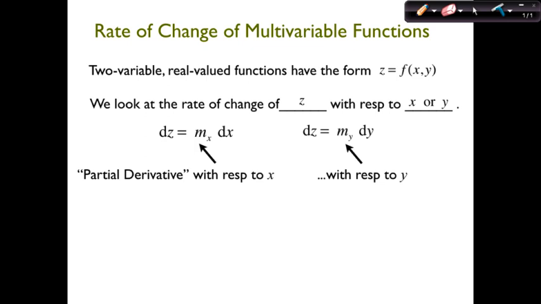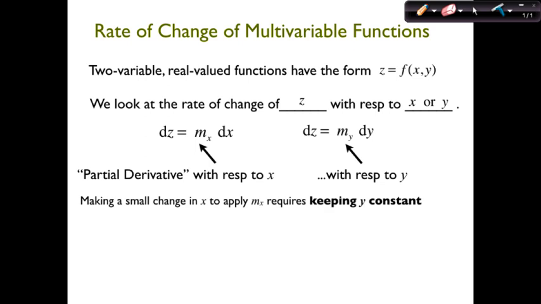Yeah, we're going to keep y constant, right? So we don't change y, that will just complicate the matter, right? So keep y constant when you're analyzing changes in z for changes in x, and likewise keep x constant when you're analyzing changes in z that come from changes in y. So making a small change to x to apply m x requires keeping y constant, and vice versa.